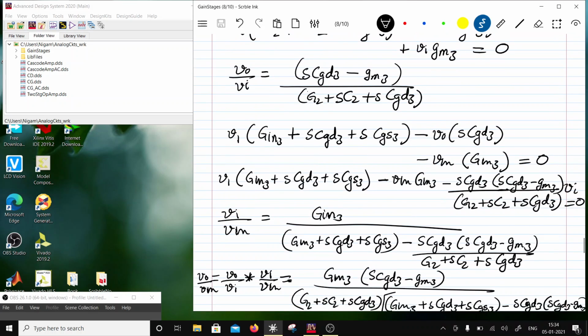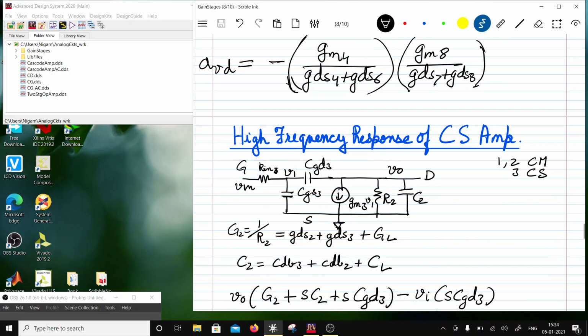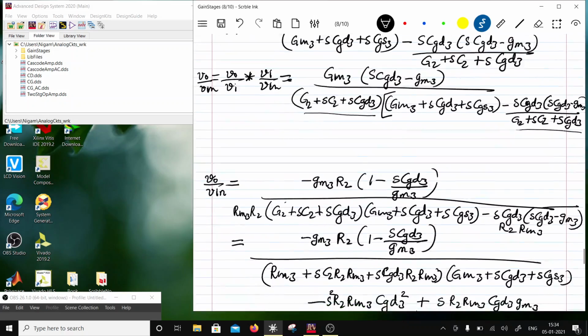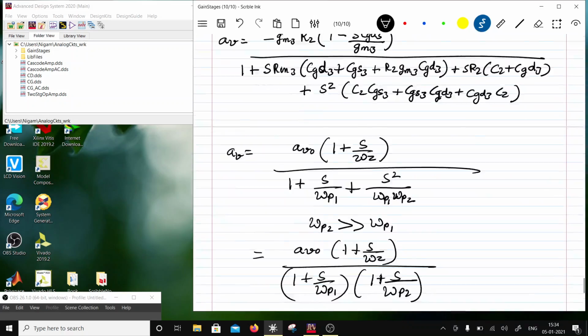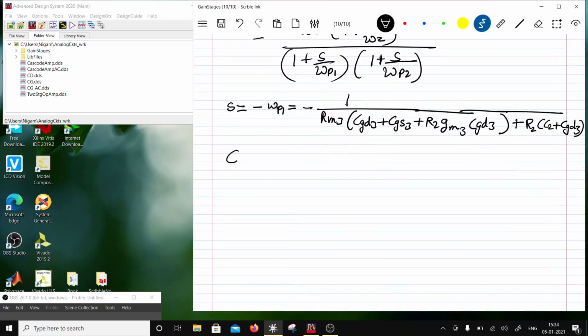So the Miller capacitance referred to the input side, C Miller in, will be equal to 1 minus AV times AV0 times CGD3.